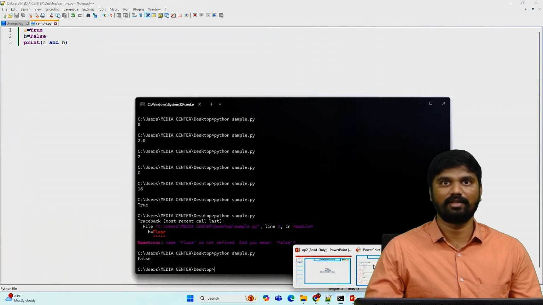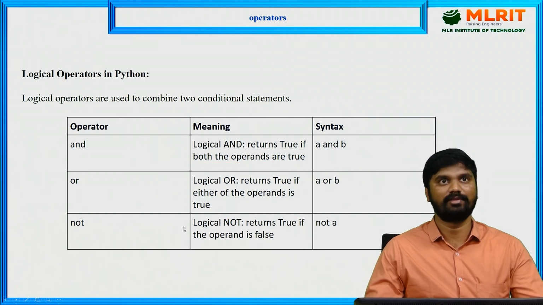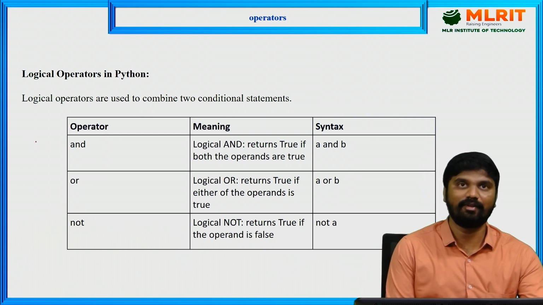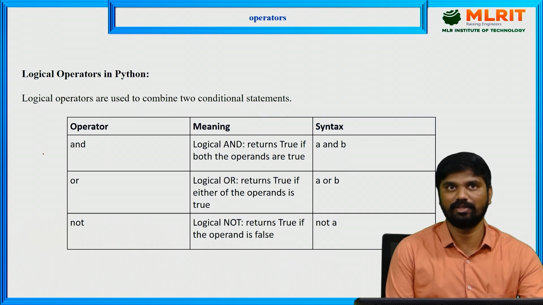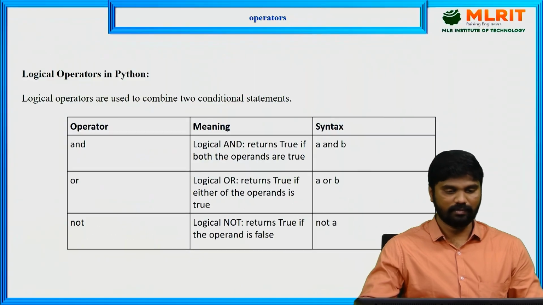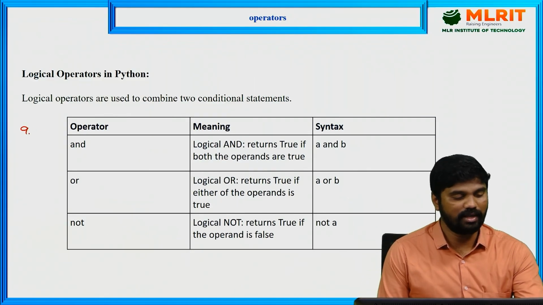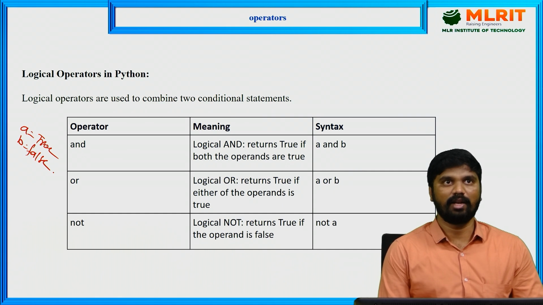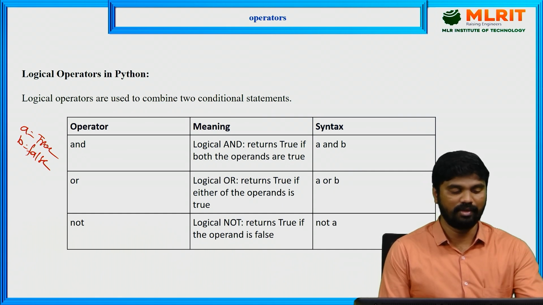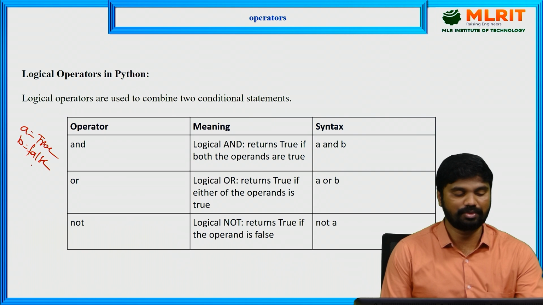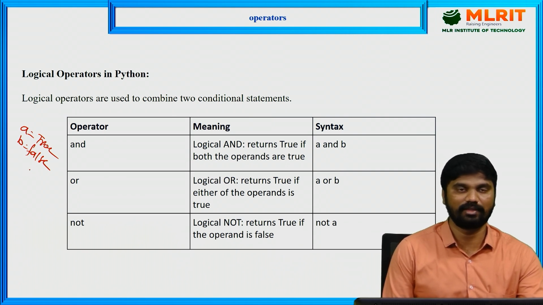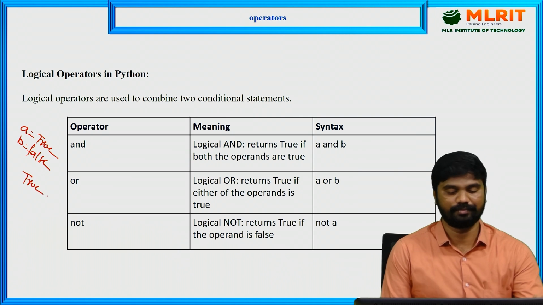Next operator here is the logical OR operator. So what does the logical OR operator return? If either one of the operands is true, then the result is true. Now see, A equals true and B equals false. Either one of the operands is true, so the logical operator results true.